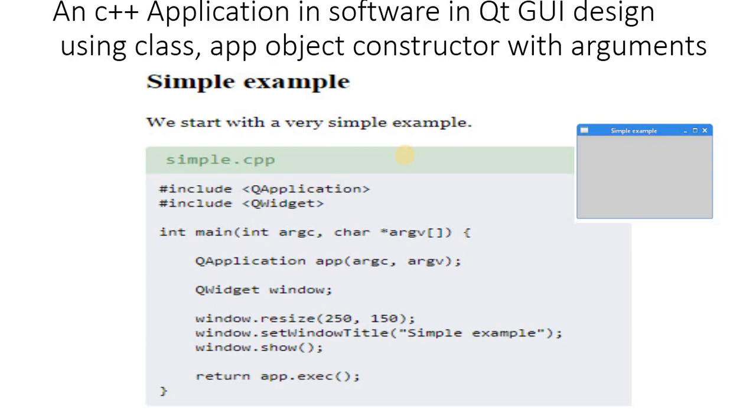Like earlier you had display all, same way you have different functions in the objects, which were defined in the class, and we can set all those things. Window.resize, window.show, etc. So this example shows you how you use basic C++ learning to create a graphical user interface.